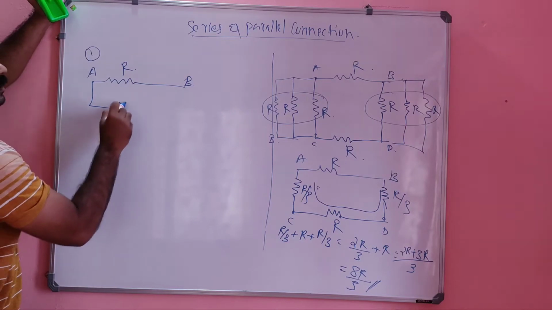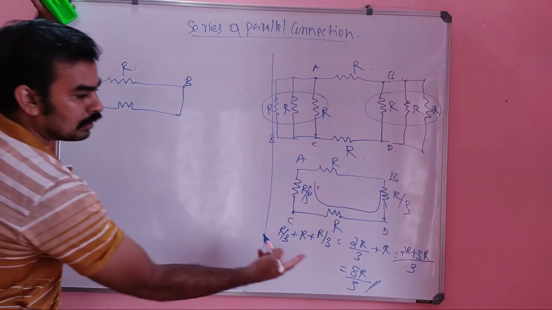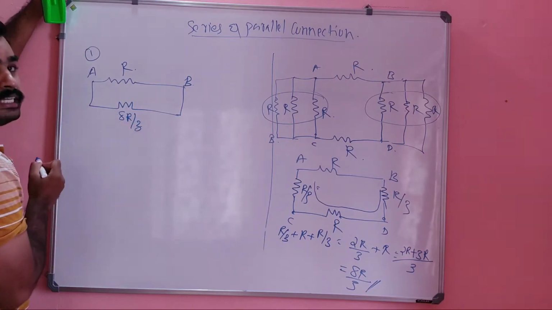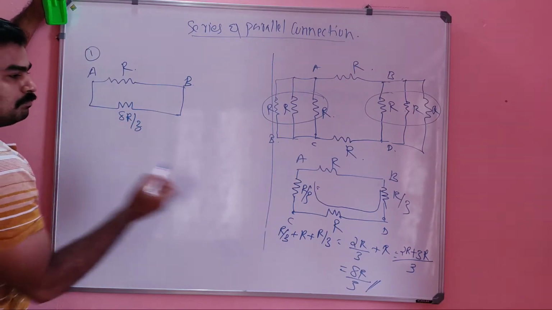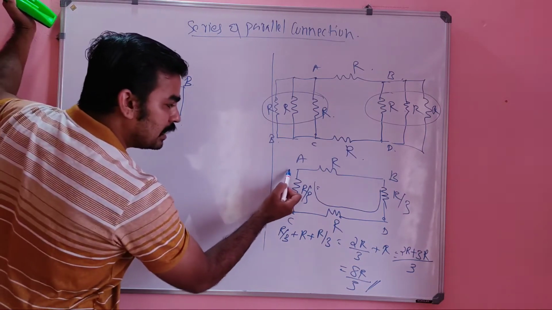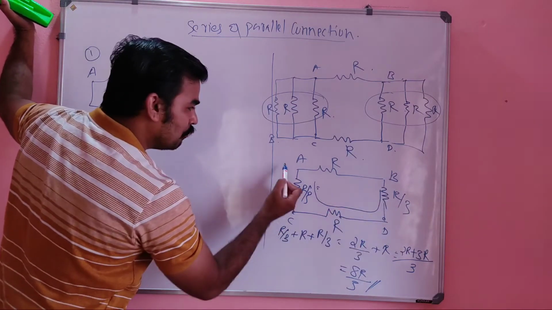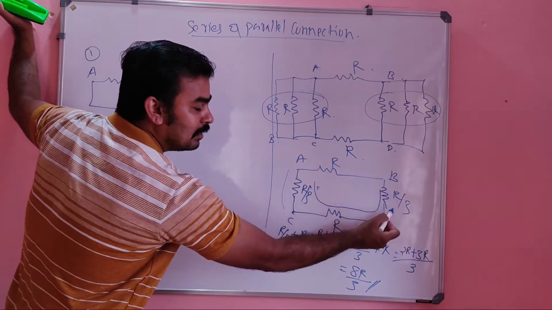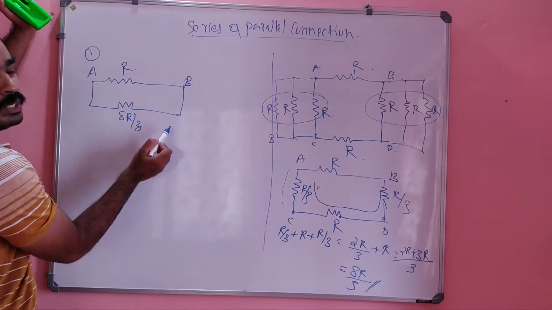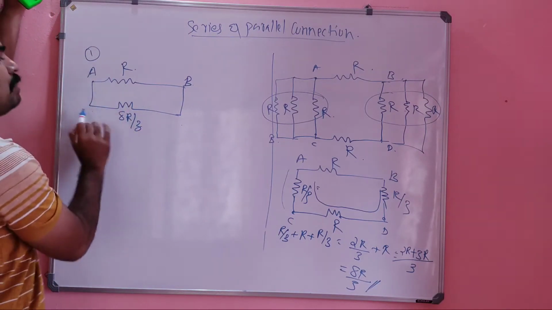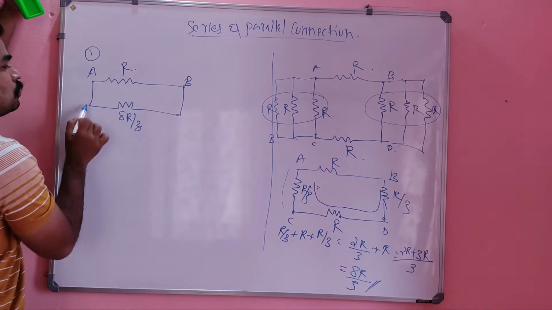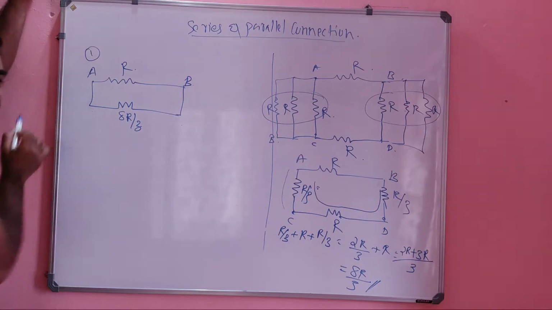It will be 8R by 3, right? 8R by 3. We can't say here it is C and here it is D, because from here to here we started reducing. So we can't write that point C is here, point D is here now. It is already vanished. So the remaining portion will be across A and B a resistor R, and across the same A and B we have a resistor 8R by 3.